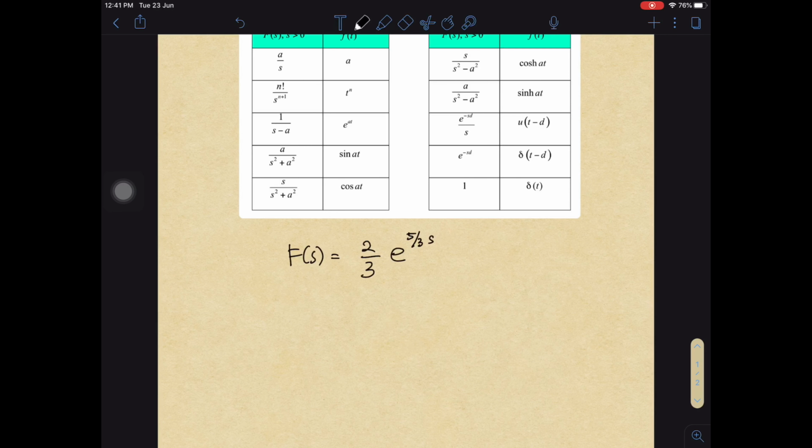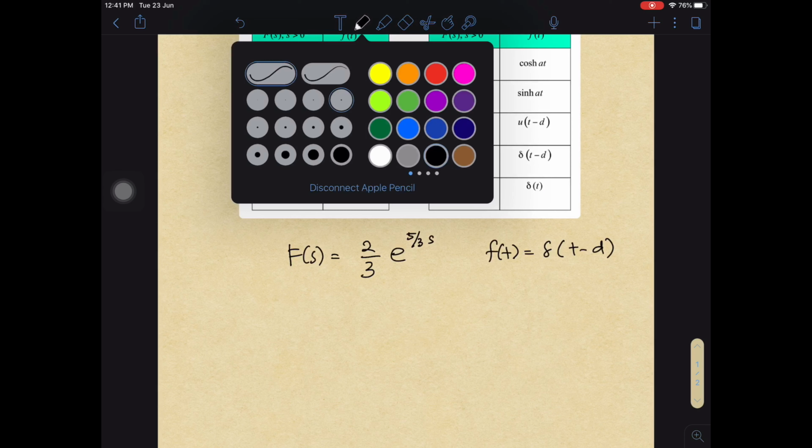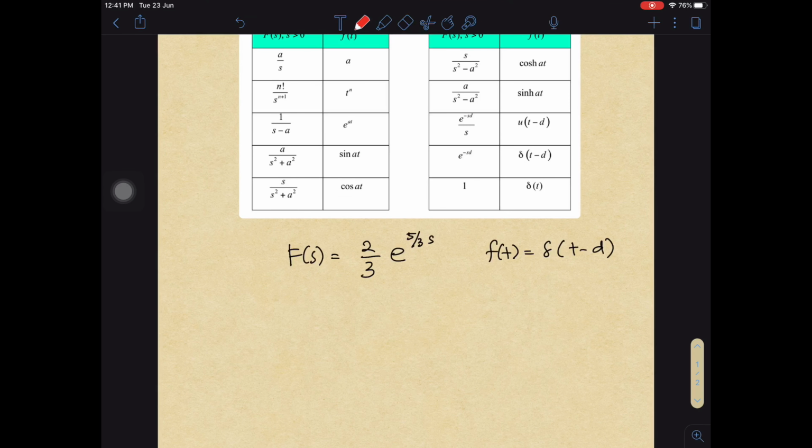Function F(s) equal to 2 over 3 e to the power of 5 over 3 s. You see your function here only involves the exponent function. Therefore this one we relate to f(t) equal to delta(t minus d). So you need to know what is the value of d. Your d comes from the coefficient of the exponent of this exponent function, but you must take out the negative sign.